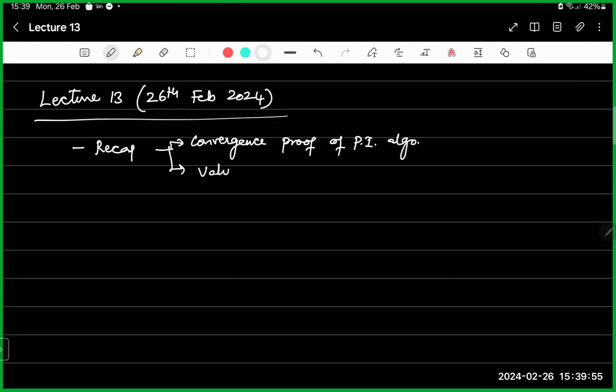And I think we briefly introduced what is value iteration. So, we'll discuss that again.